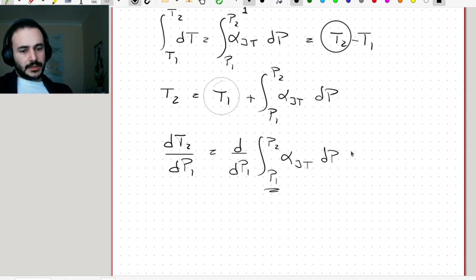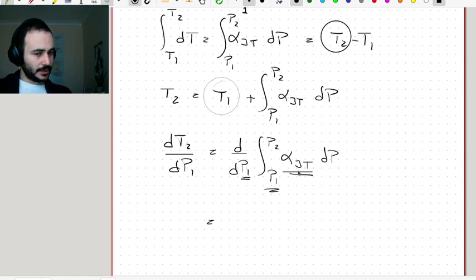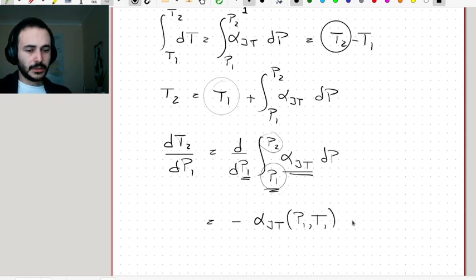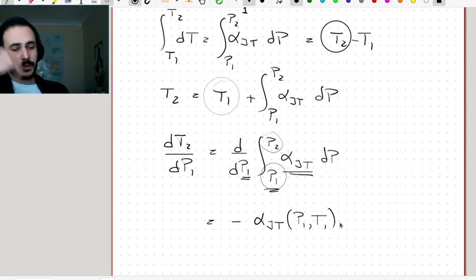The thing inside the integral does not depend on the value P1, it just depends on P, but not on P1. The upper limit of the integral does not depend on P1 either. It's only the lower limit of the integral that does depend. So the result of this derivative is minus the integrand evaluated at P1, and also T1, which is fixed, so this is the initial temperature T1.